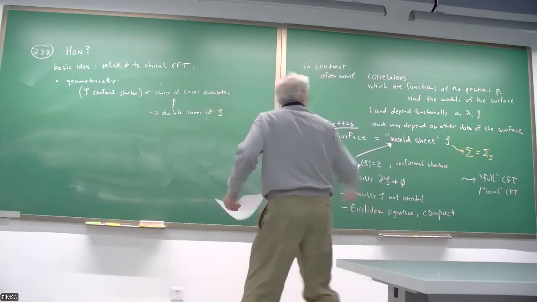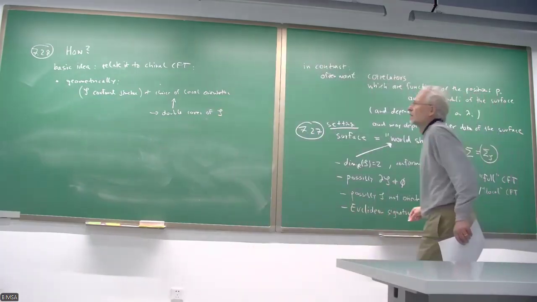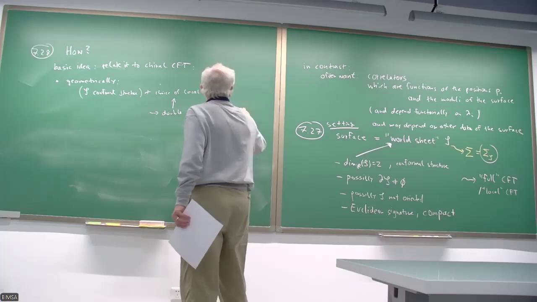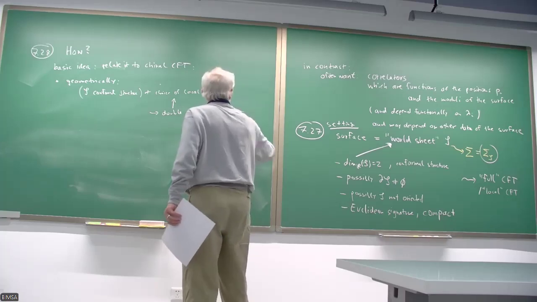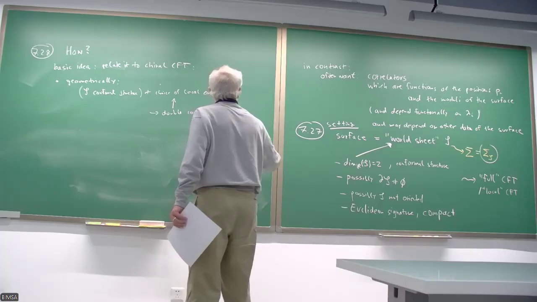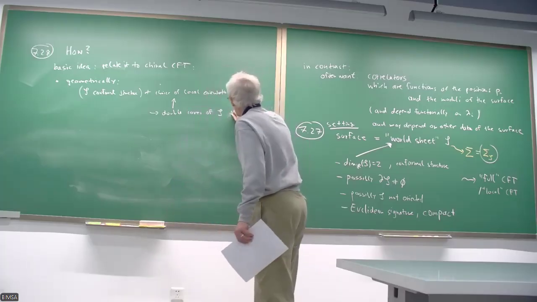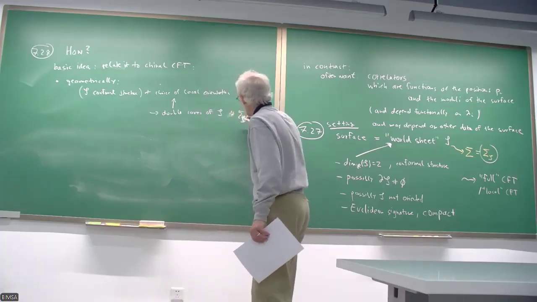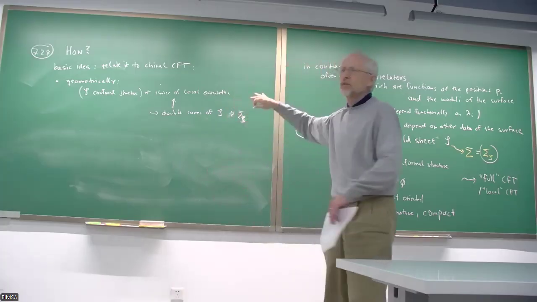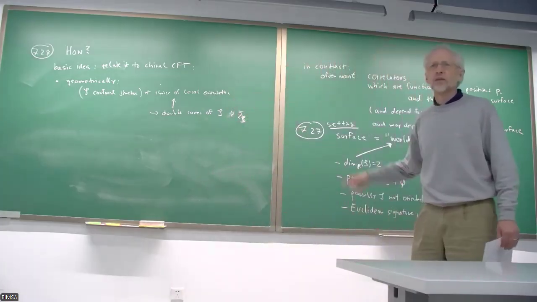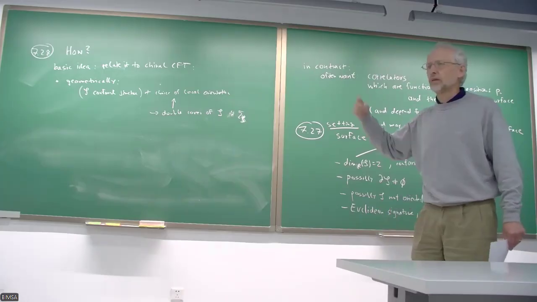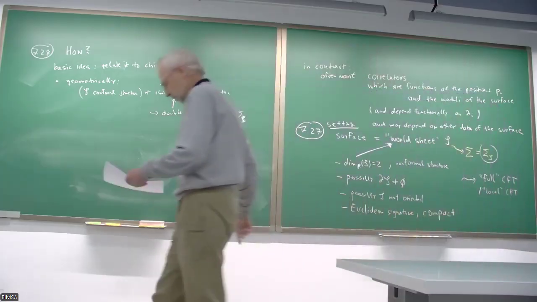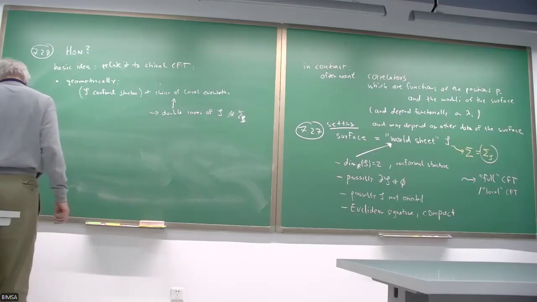Let's call it sigma S. This will in the simplest case just be a disconnected sum of two copies of the same curve, but with two different choices of orientation.